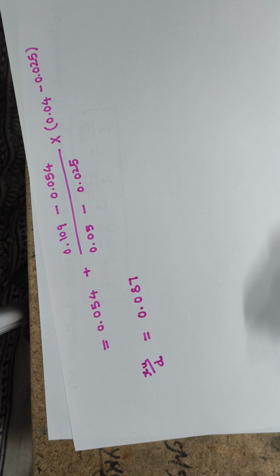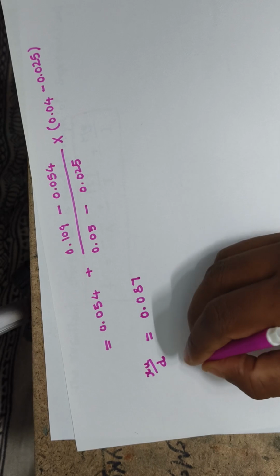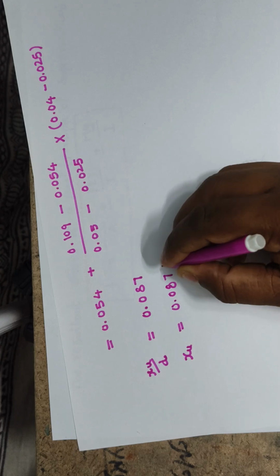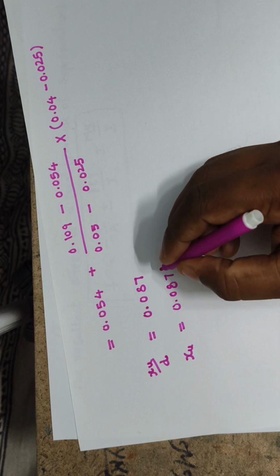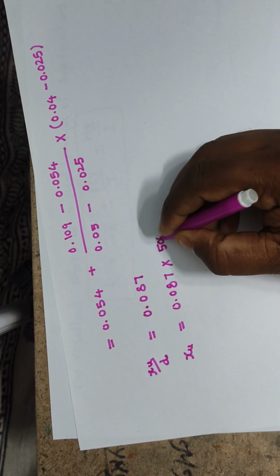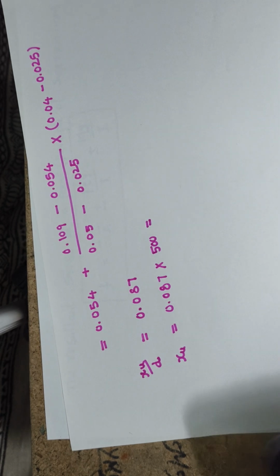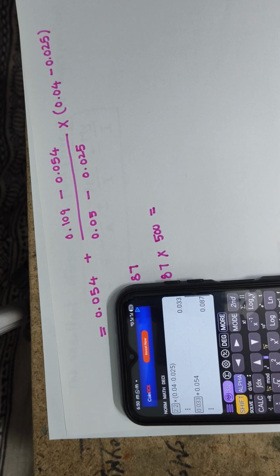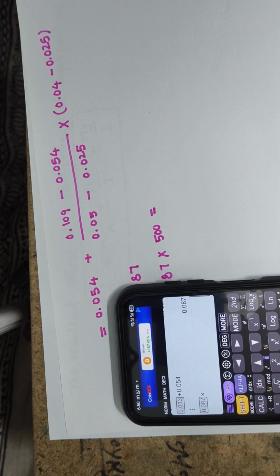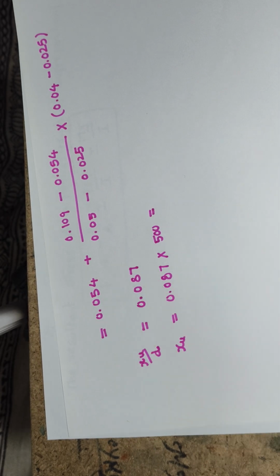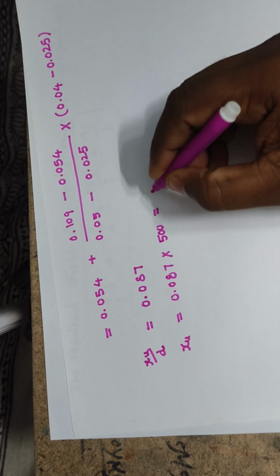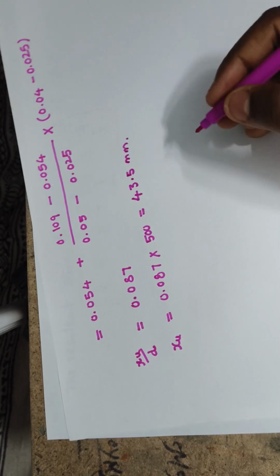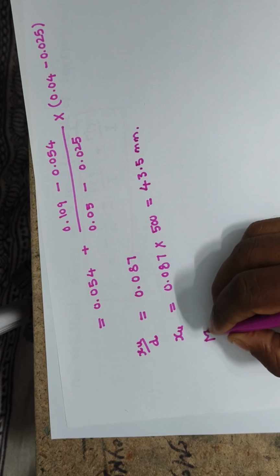Now we need to determine XU value. XU is equal to 0.087 into D value, which is 500. This value will be 43.5 mm.